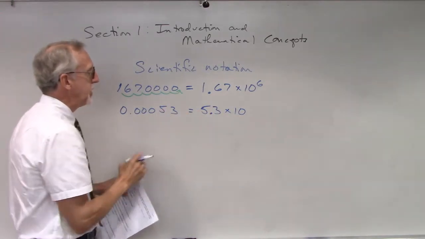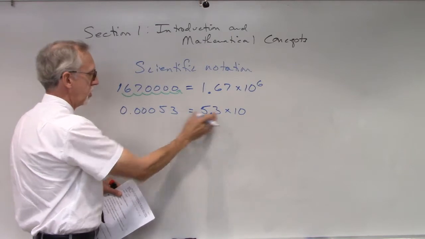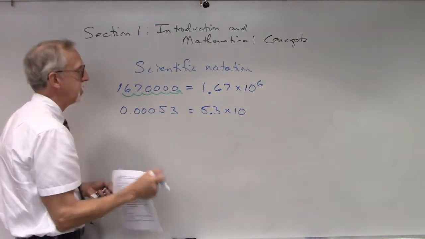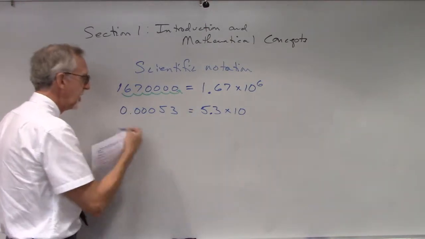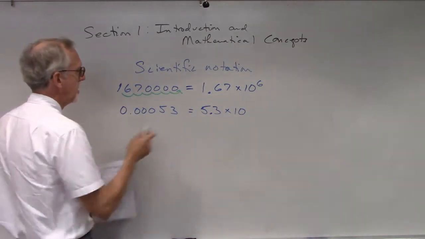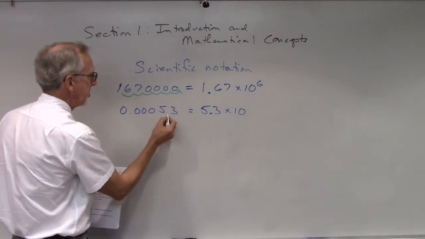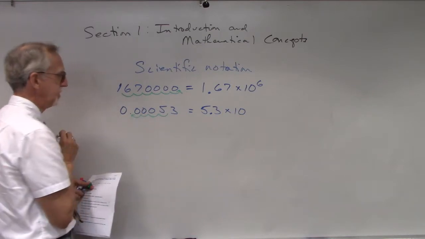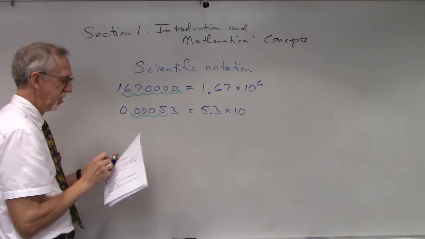But in this case, we need to make this smaller to be the same size as 0.00053. So we need to move the decimal point to the left. And in this case, we need to move it how many places? Well, from here, 5.3, we need to move it 1, 2, 3, 4 places to get it back to where it should be in the original number.